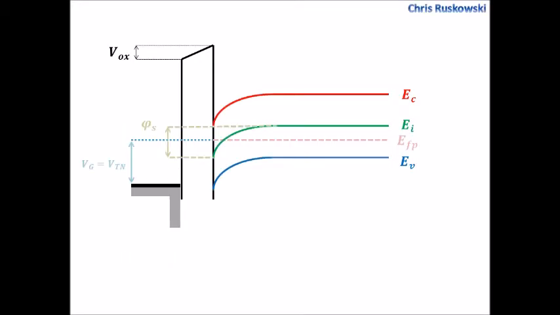Moving on, we then want to calculate the actual threshold voltage that we would need to apply. Before, we had the ideal assumption where there were no charges and no energy states that we had to account for. Now we have to account for everything, so we have the flat band voltage plus the potential at the surface plus the charge density of the depletion divided by the capacitance of the oxide.